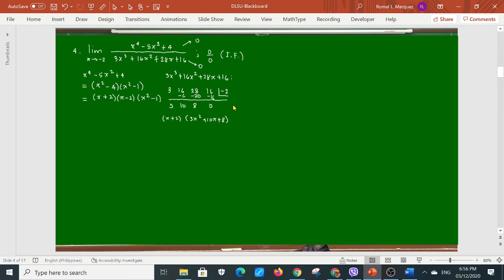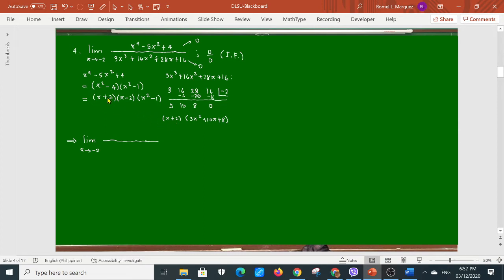Okay? Now, so we now have these limits. So, limit, do not put equal, because you write something in between. So, you can't write equal. So, out of this, we get this limit. X approaches negative 2. So, what is cancelled, guys?